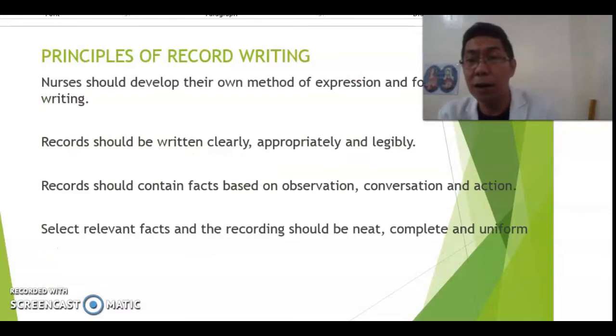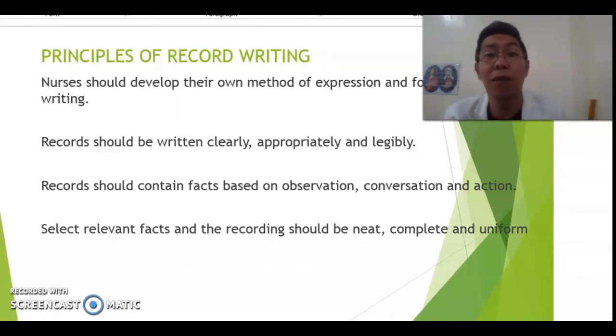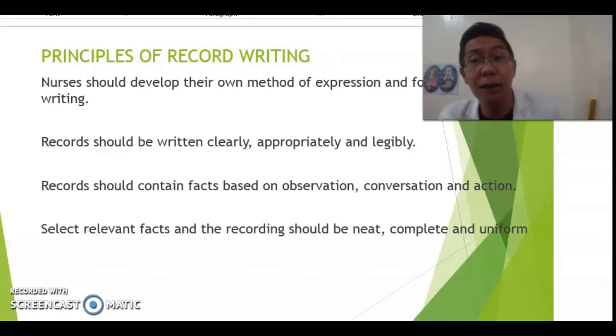First, we are also looking into the principles of how we record or how we write. As nurses, we have to develop our method of expression and format in recording or writing. When you are writing, it should always be written clearly, appropriately, and legibly, so that the handwriting can be read easily.